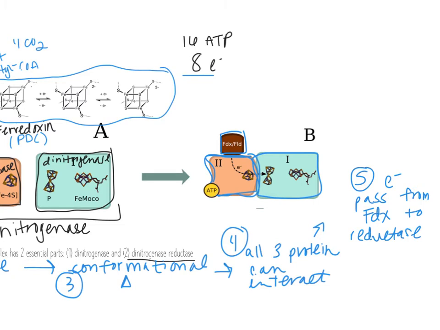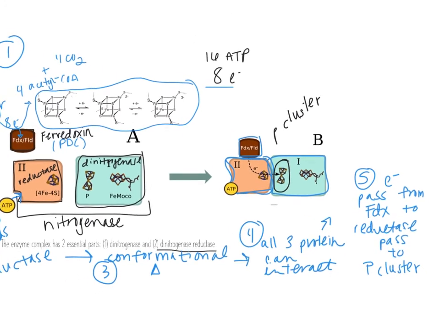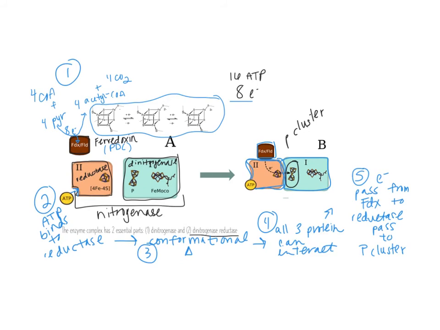And then those get passed to what's called the P cluster. This hourglass looking structure that is also iron sulfurs is called the P cluster. And the P cluster is part of the dinitrogenase.